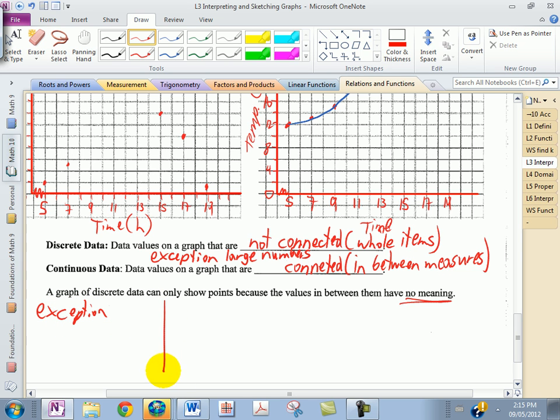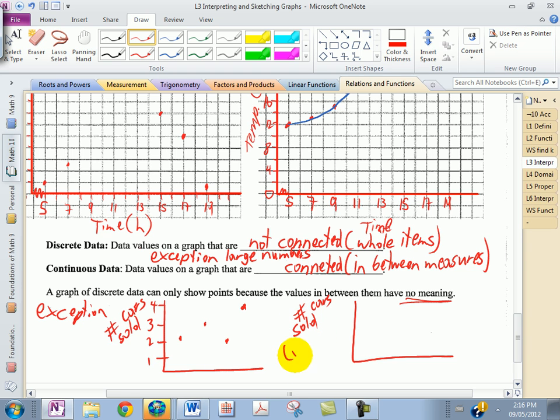So here's your little exception. If I'm talking about the number of cars sold, if I'm dealing with 1, 2, 3, 4, I totally would not connect those points. Okay. However, if I have large numbers, so for example, this one is a graph of a dealership. Now this is a graph of Canada. So this would be the same thing, number of cars sold, but it was in the thousands.